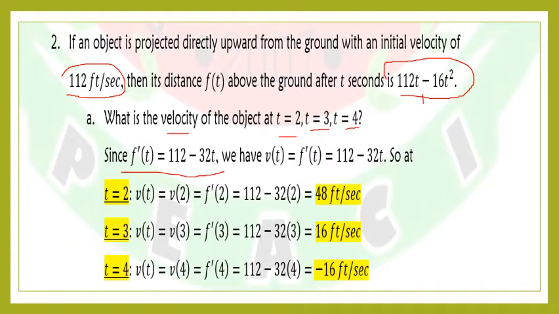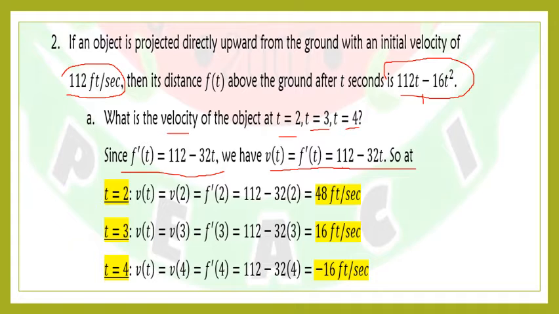Diba? Kasi derivative ni 112t is 112. Derivative ni 16t squared is 32t. So, we have v of t is equal to f prime of t. So, ito yung formula ng velocity natin, which is equal to 112 minus 32t. So, at t equals 2, ang velocity natin class, substitute lang natin dito.